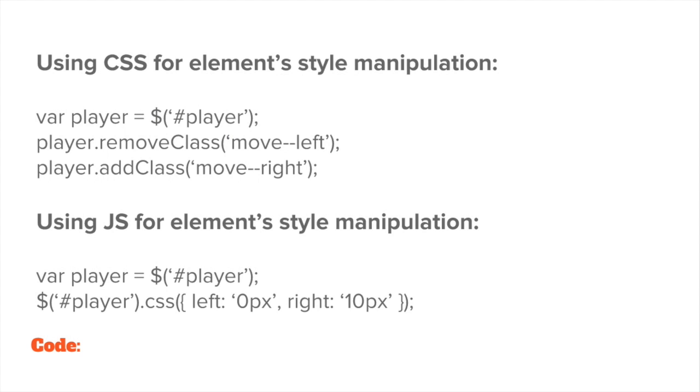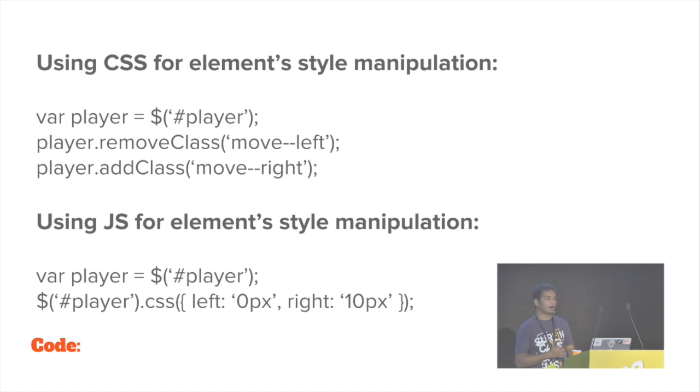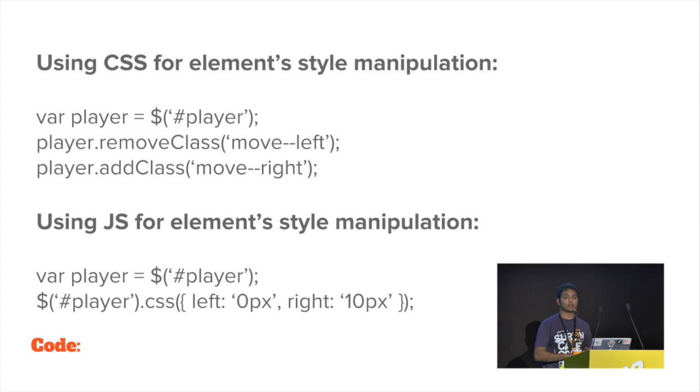An example for this will be the following code, where in the first part I'm using CSS, and I'm removing and adding classes to apply some sort of style to a particular element. In JavaScript, when not using CSS, you'll be doing something like this, where you define what properties you want to change, and you simply change the style of the JavaScript element.